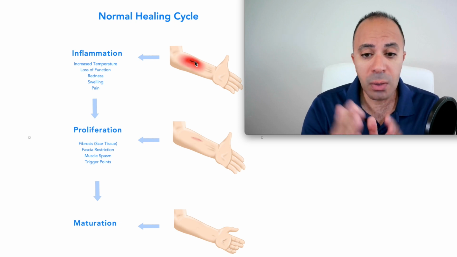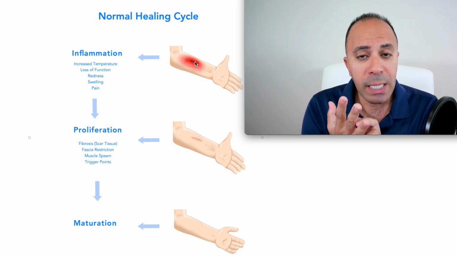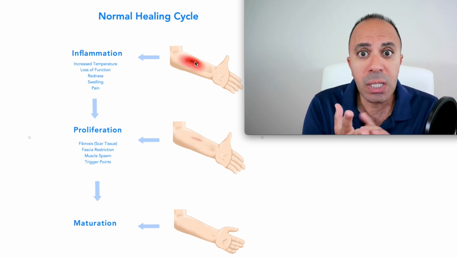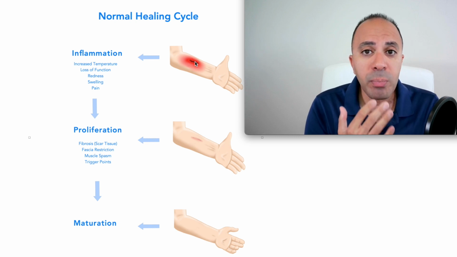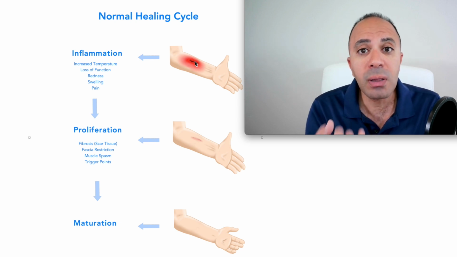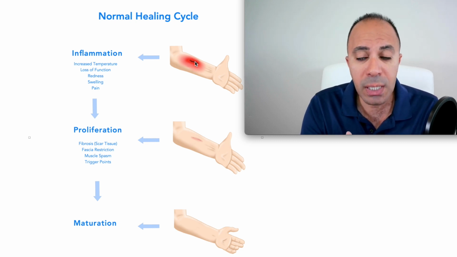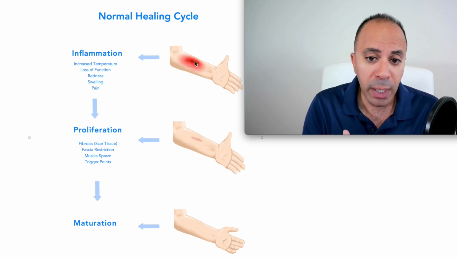With carpal tunnel, when pressure occurs from the swelling, you will probably experience tingling, numbness, and a funny sensation. With more swelling and pressure, the nerve is compressed more and that causes a lot of weakness. That's why some people drop objects when they hold a cup or anything, because the muscle is extremely weak.